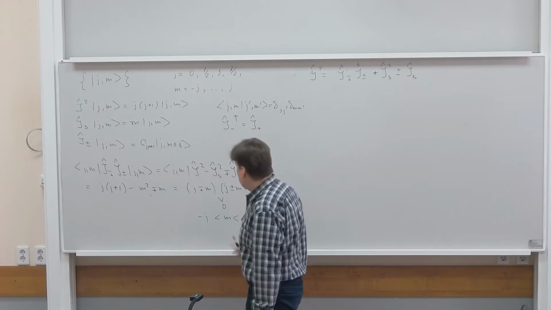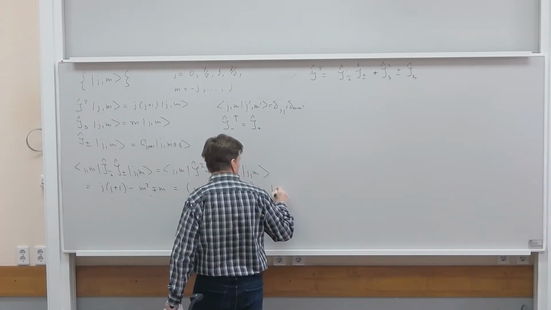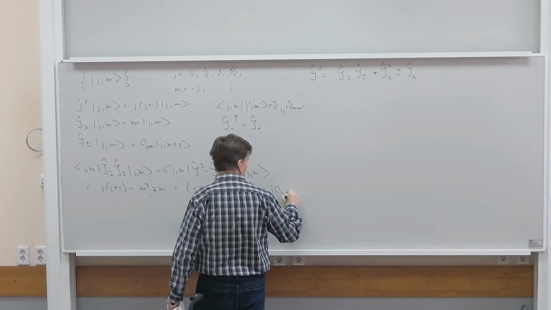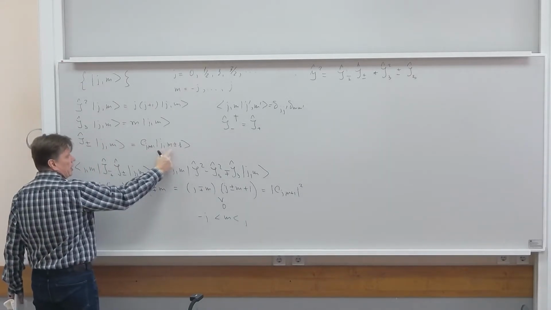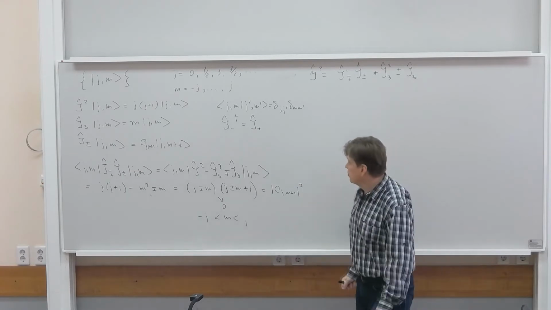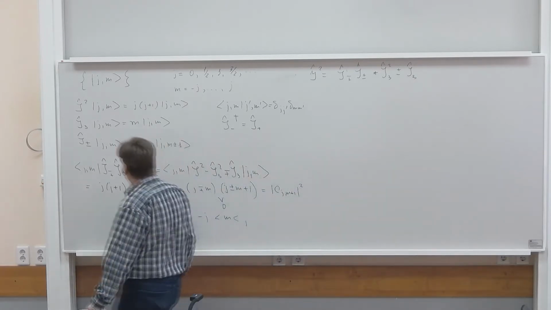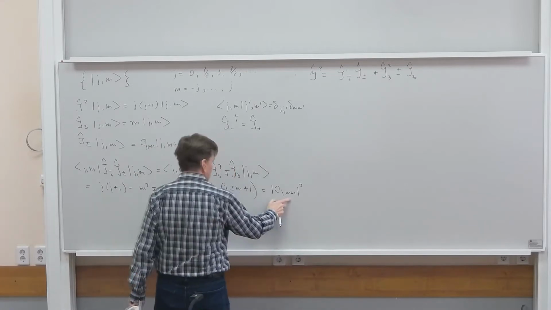But on the other hand, this number is equal to |C_jm|² because we suppose that all the vectors |j,m⟩ have norm 1.